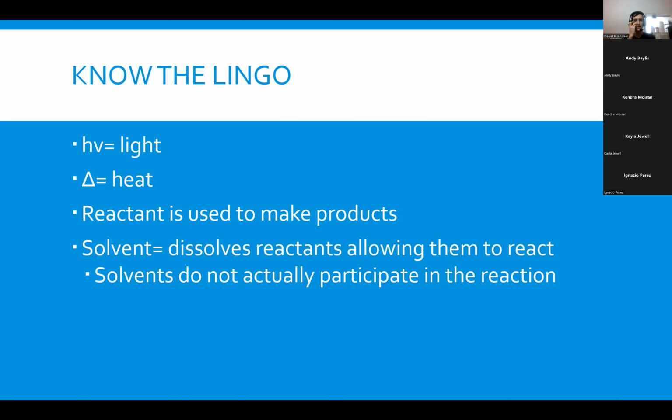Understand that solvents usually do not participate in the reaction. Sometimes you can have what's called solvolysis, where literally the solvent is the reagent. But if you're given the solvent and something else, I want you mostly thinking that, okay, this other thing is going to be the one reacting. Okay.